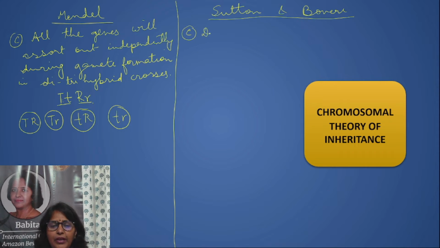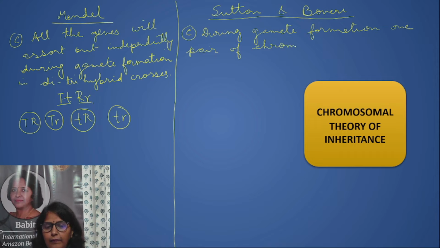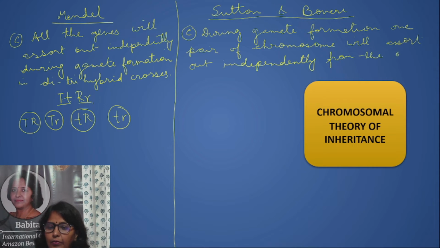So what did he say? During gamete formation, one pair of chromosomes will assort out independently from the other chromosome. What does he mean by this? Let us see by an example.